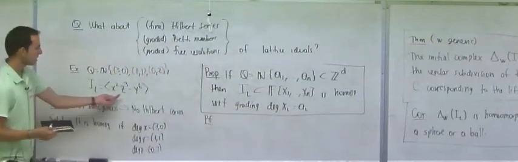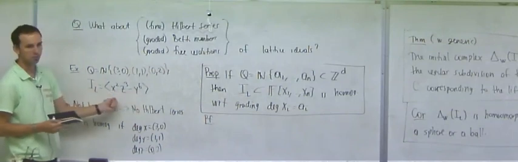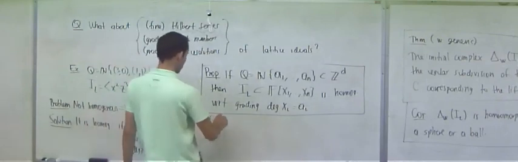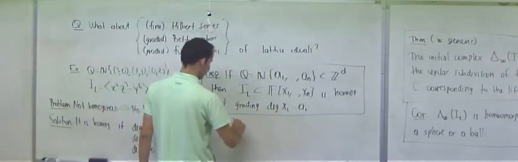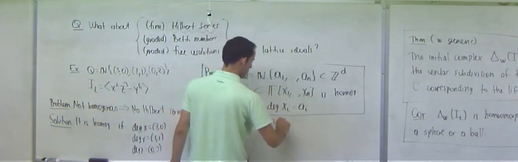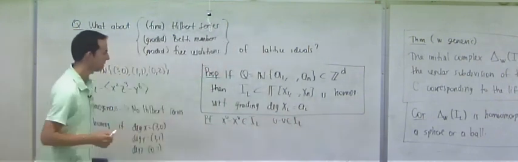And the proof is basically the same thing that I did here. I need to check that for every generator, both of these guys have the same degree. Right? So let's take a generator, x^u minus x^v. And that means that u minus v is in I_L. Okay?